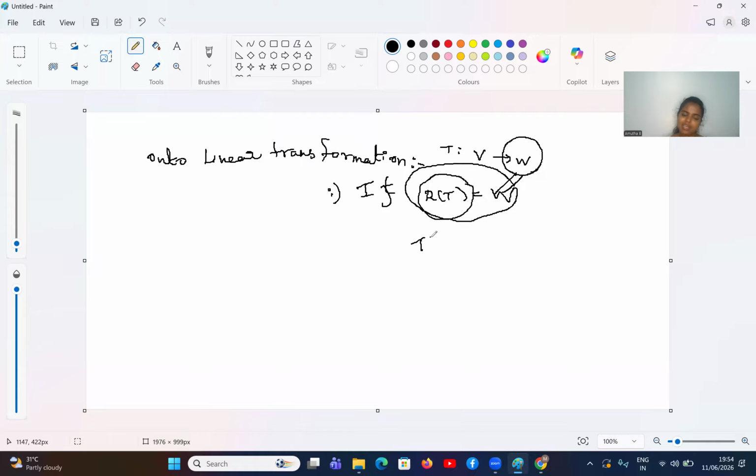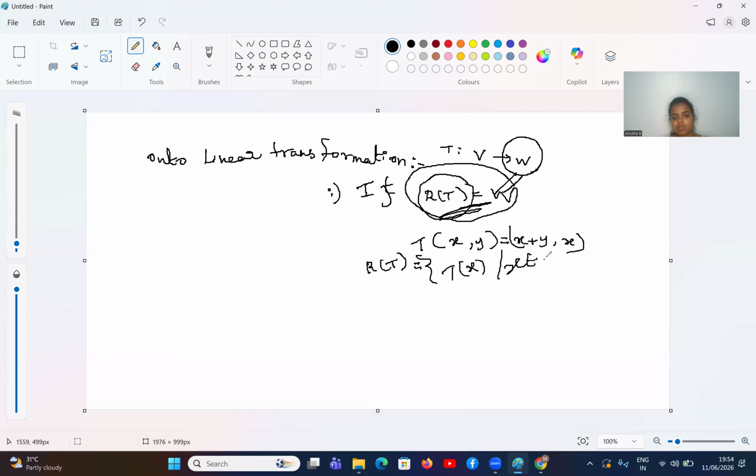For example, we can consider the last example itself, which is both 1-1 and onto. What is the problem? x plus y, comma x. What you have to find is R of T. By the definition, R of T is T of x such that x belongs to V. Here V is R2.